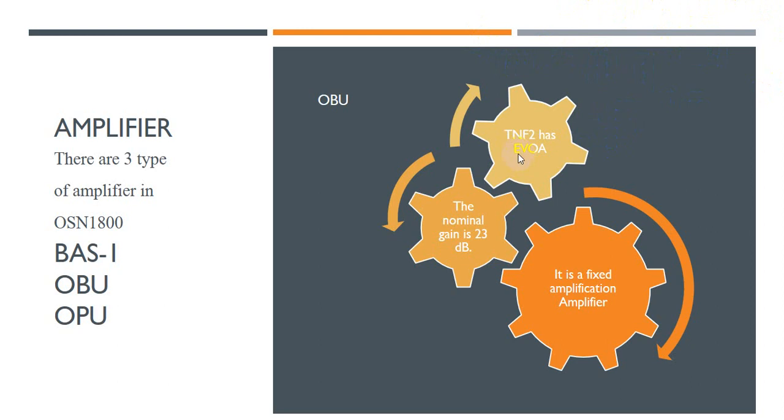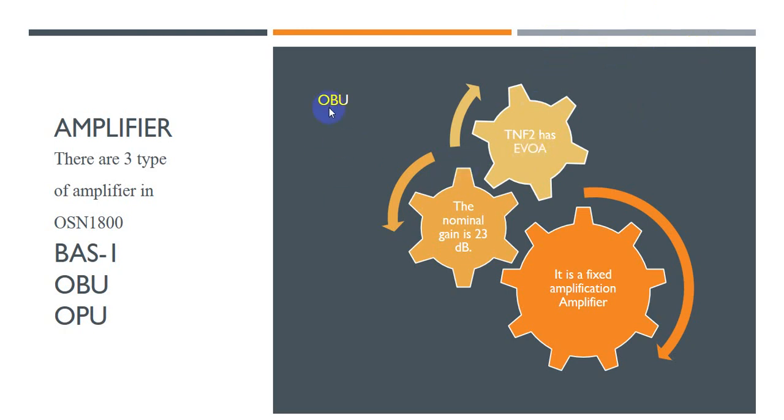Embedded means inside, so you have one component added in the card itself, which can be used based on the requirement. If the signal is very high, sometimes you can use this embedded variable optical attenuator to reduce the power.